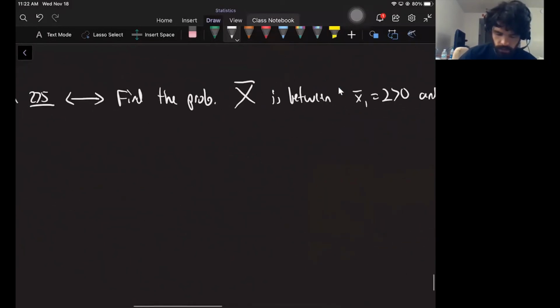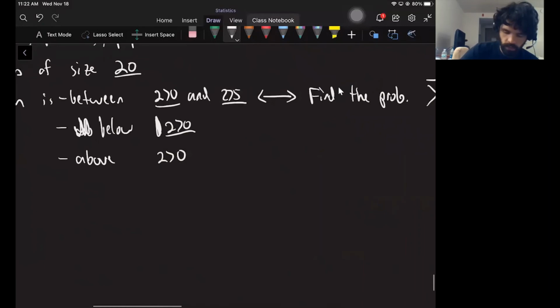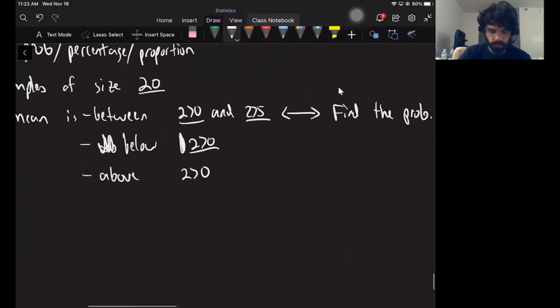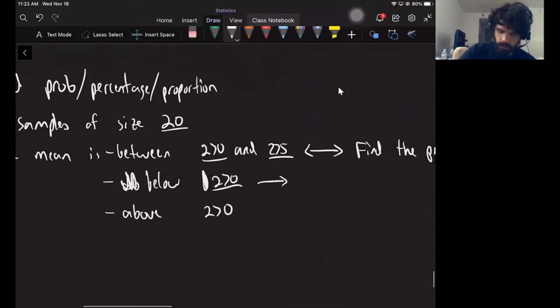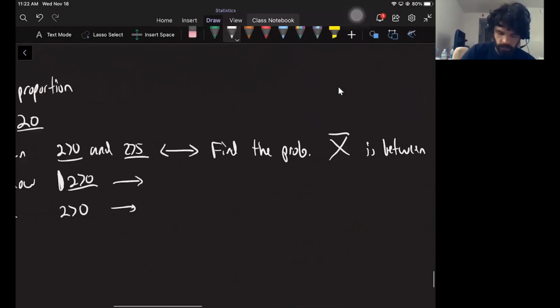And doing a probability, percentage or proportion of samples of size 20 below something turns into the same idea, and above something turns into the same idea. And translate it all the way through the same.